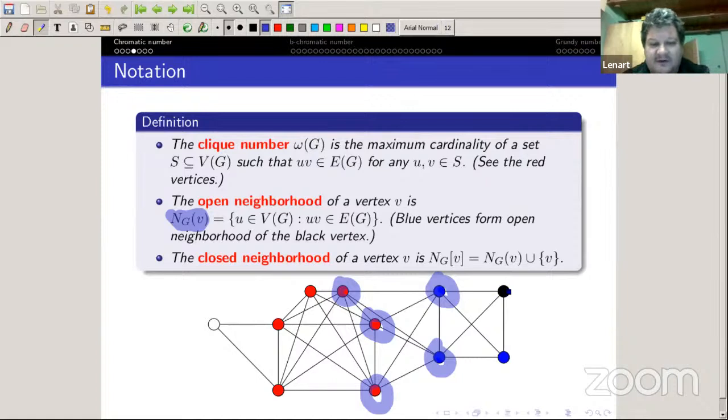The open neighborhood of a vertex is all vertices that are adjacent to the starting vertex, which means that they form an edge with this vertex V. So this is the open neighborhood, and we also know about the closed neighborhood. The closed neighborhood is the open neighborhood together with the original vertex V. So the closed neighborhood of this black vertex on this figure is all the blue vertices plus this black vertex.